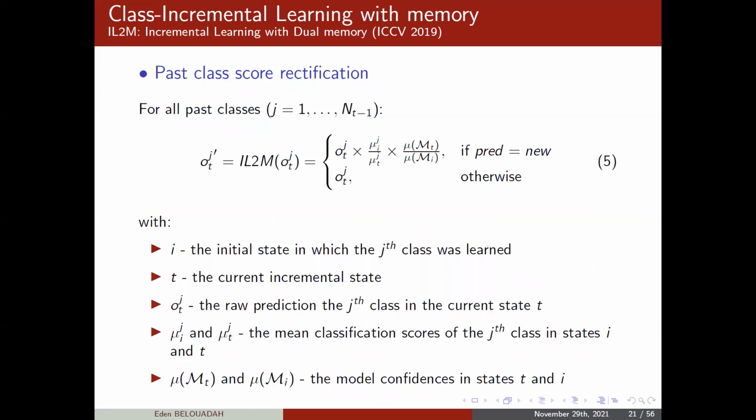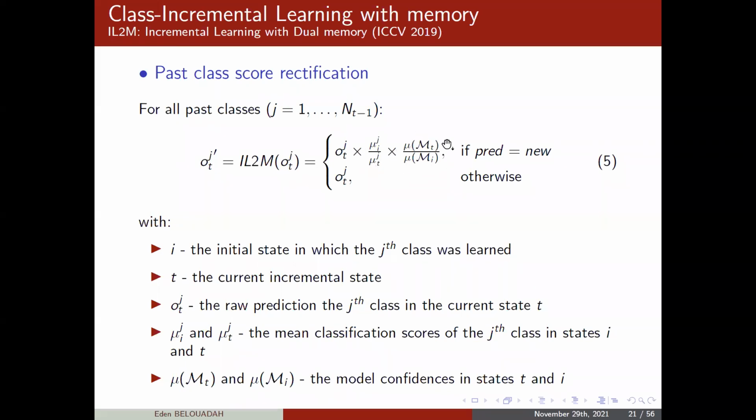Now, how do we perform the score rectification at inference time? We simply take the score of each past class and we multiply it by its mean prediction score in the initial state in which it was learned for the first time, and we divide it by its mean prediction score in the current state. So this term helps us increase the score of past classes and make them more comparable to those of new classes.